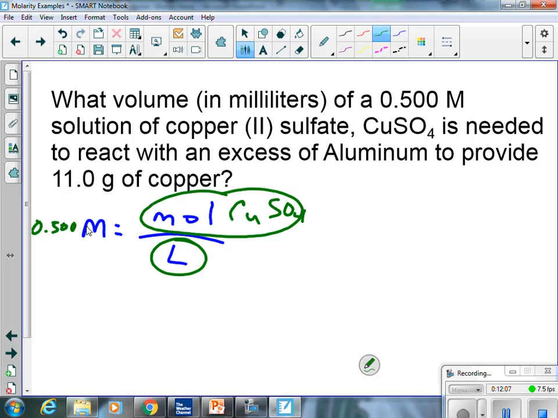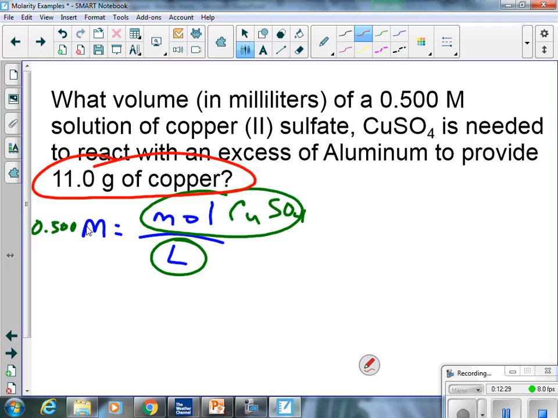Now, can I find moles of copper 2 sulfate with what I'm given? Absolutely. I'm given this, right? I'm given that.